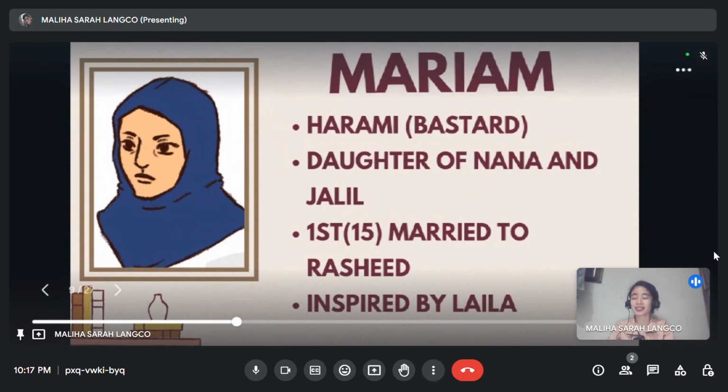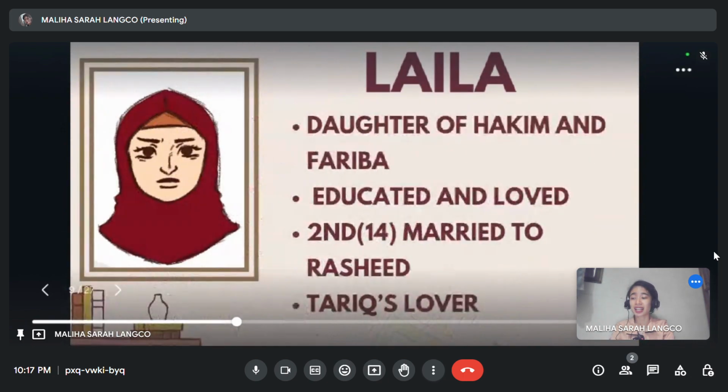Now let's proceed with Lila. Lila is the daughter of Hakim and Fariba. She is well loved and educated by her parents. She is also the second wife of Rashid. They got married while she was only 14 years old. Lila and Tariq are lovers.